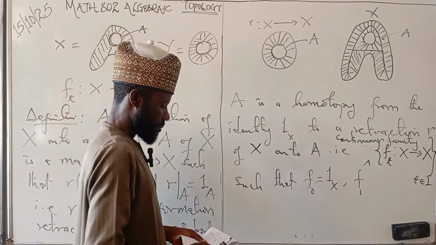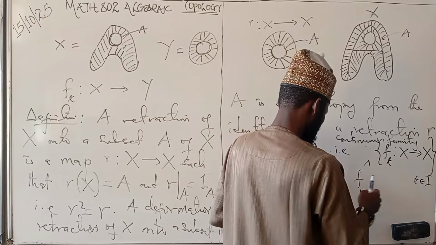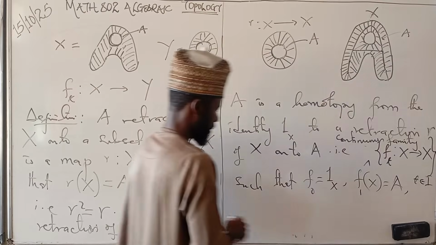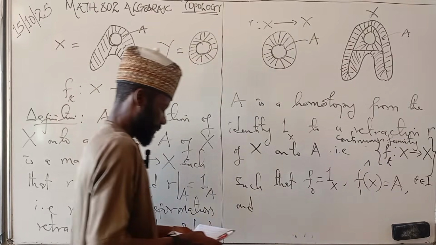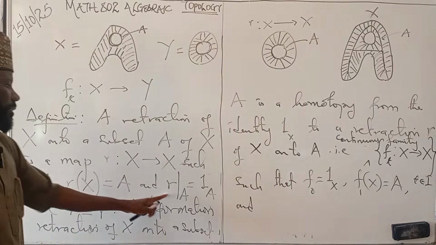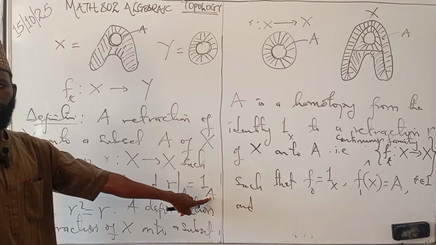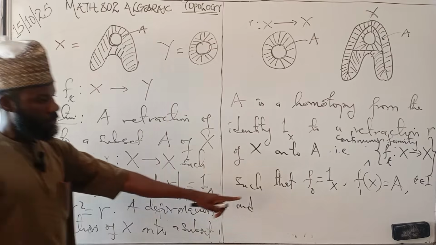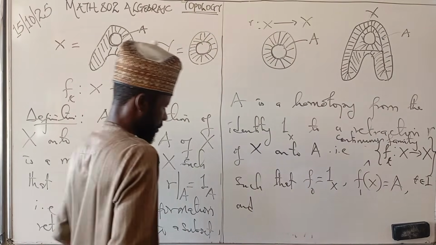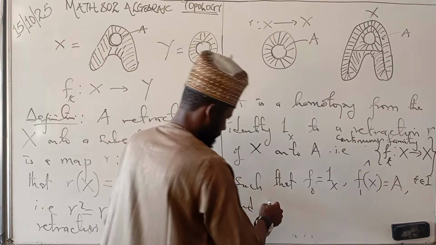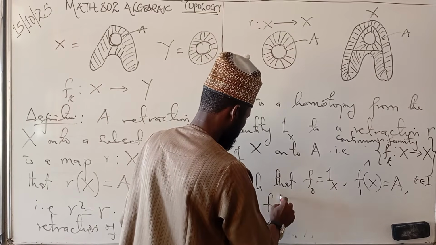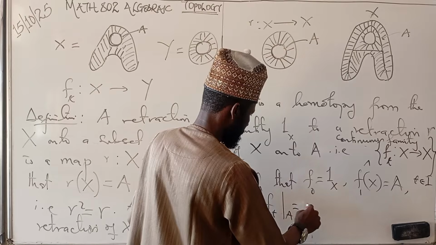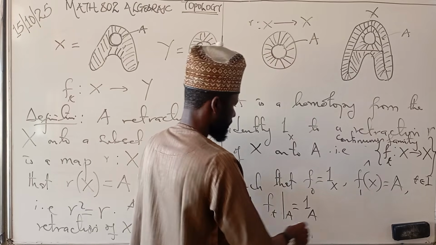So F1 should map the entire space to A, and it should fix A. F1 should be a retraction, so it should fix A. Ft restricted to A is the identity on A for all t.